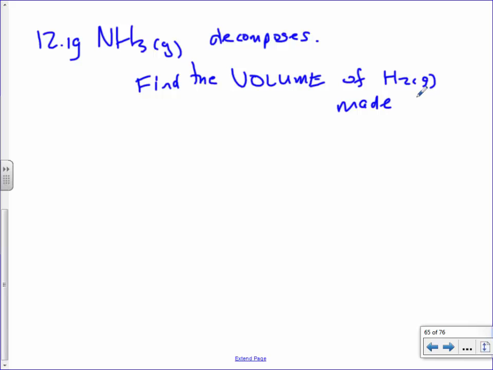I gave you mass, and I'd actually like to try to calculate volume. Does that make sense? You guys want to give this one a try yourselves? Give you like a 5-minute head start or so. I'll still do it with you guys, but I thought maybe it's worth it if you guys try it yourselves.